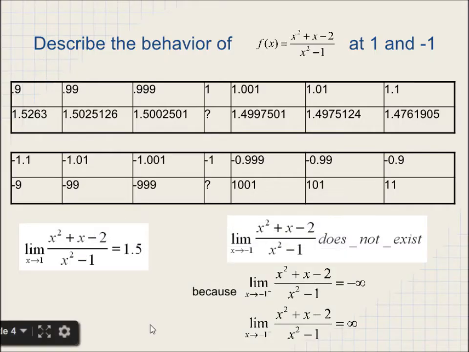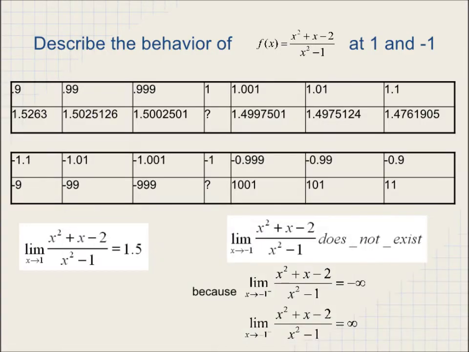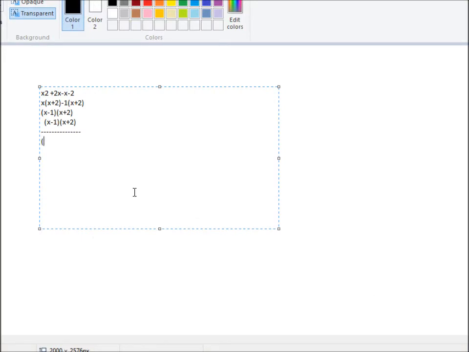So the numerator is (x - 1)(x + 2), the whole thing divided by x² - 1. And x² - 1 can be written as (x - 1)(x + 1).